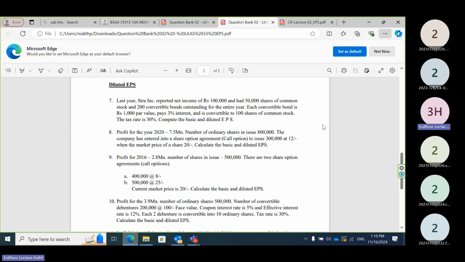Right? The saving you are getting is higher. Economic business decision makers are going to convert this. Because of that, you are having higher earning per share. Because of this convertible option, there's no dilutive impact.